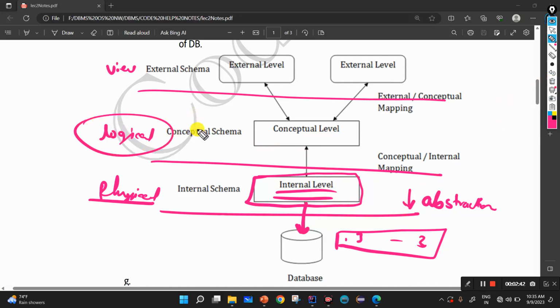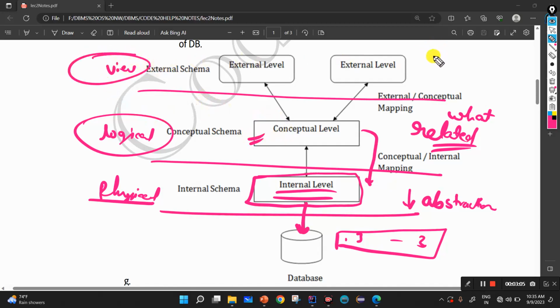Now let's talk about logical level. Logical level sees how our data is related to each other and what data is stored. Okay, these are the things that our logical level guarantees. Now our view level is very simple, it is also called user level schema.